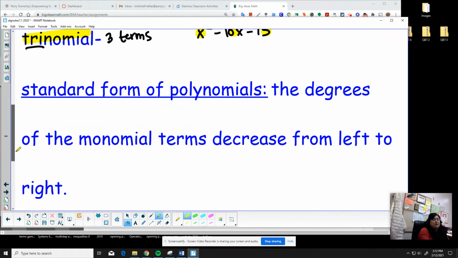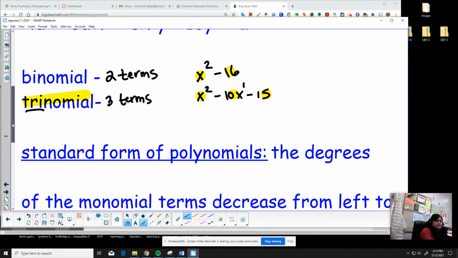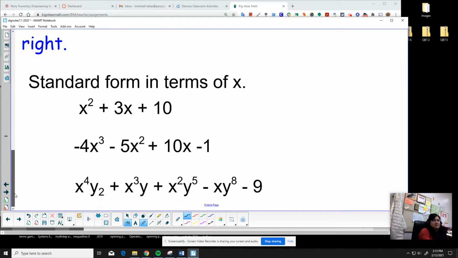Okay, and then standard form is when the degrees of the monomial terms decrease from left to right. So I wrote this one up here in standard form. The exponents go 2, and then 1, and then 0, because there's no x here. Or 2 and then 0. So it starts with your highest exponent and goes down in descending order. Okay, so here are some examples of standard form in terms of x.